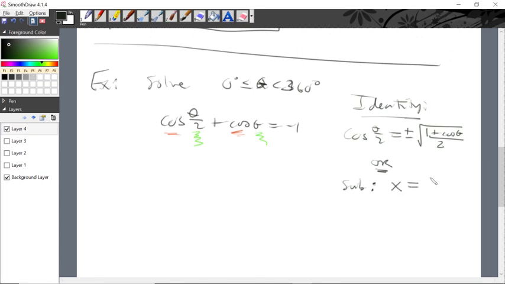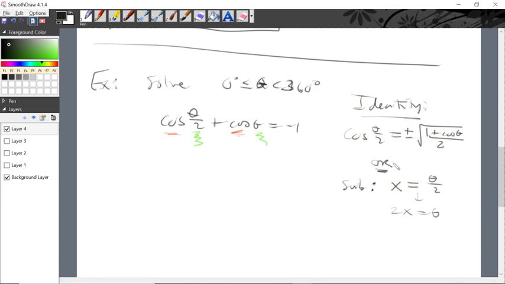If I choose x equal to theta over 2, so that this becomes cosine of x, then by that same substitution, multiplying both sides by 2, theta is equal to 2x. This way we don't have any half angles. Instead I'll be using a double angle. I'm going to go that route because then I can avoid the square root issue and the plus minus issue.